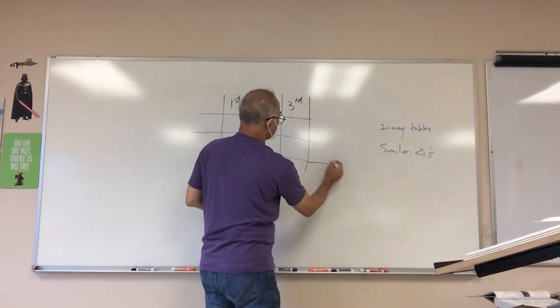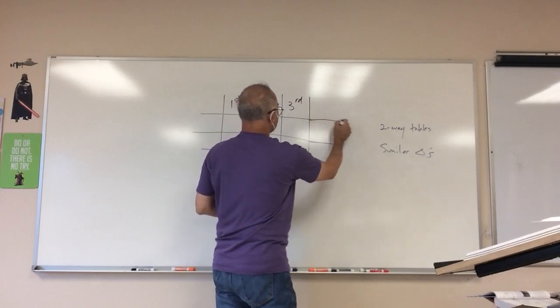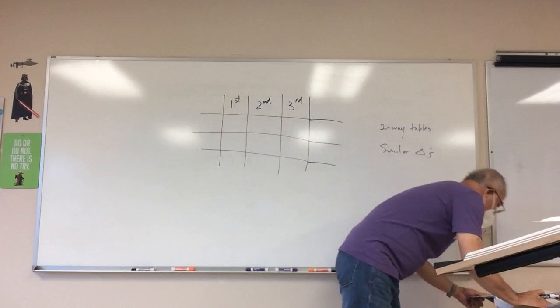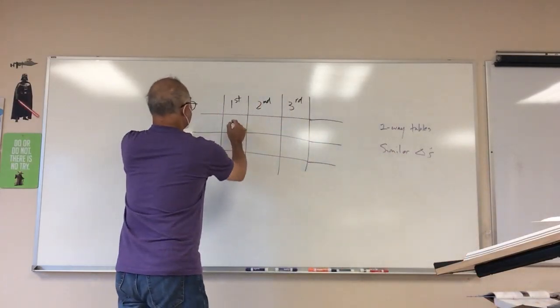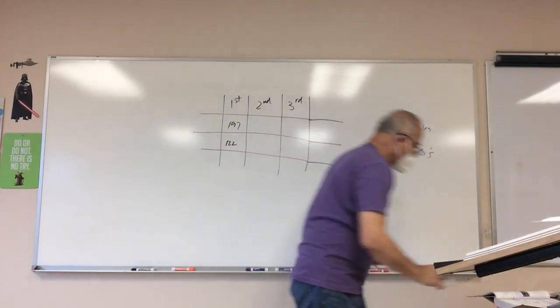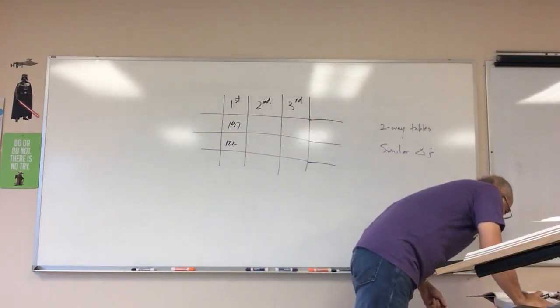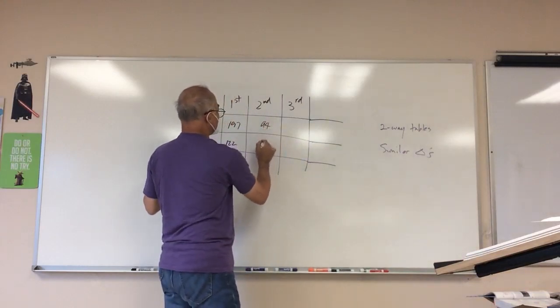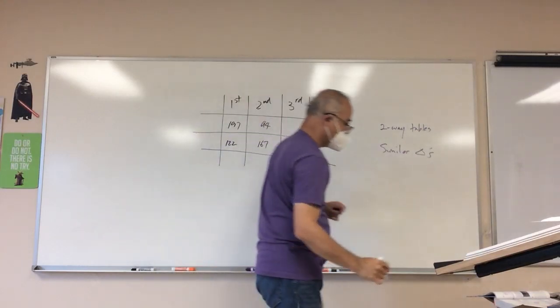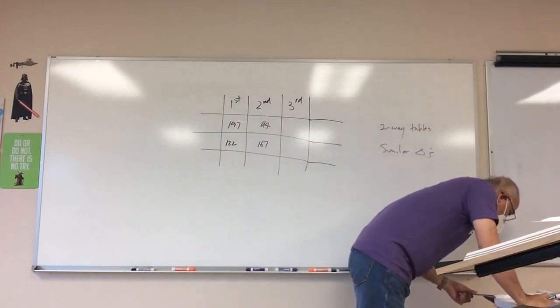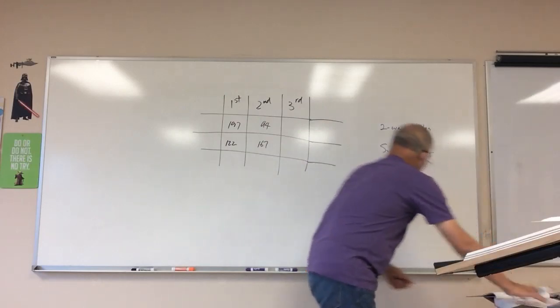In other words, were they in first class, second class, or third class? This is the data that we were given: 197, 122, 94, 167, and 151, 476.